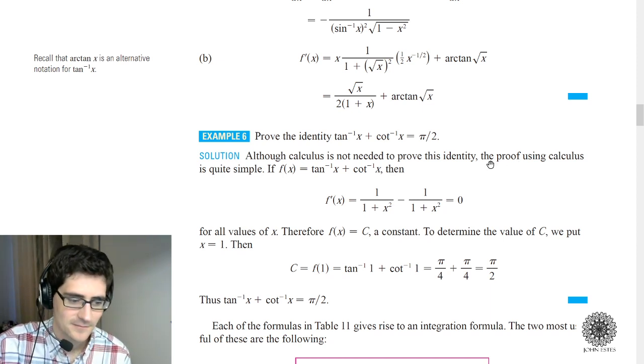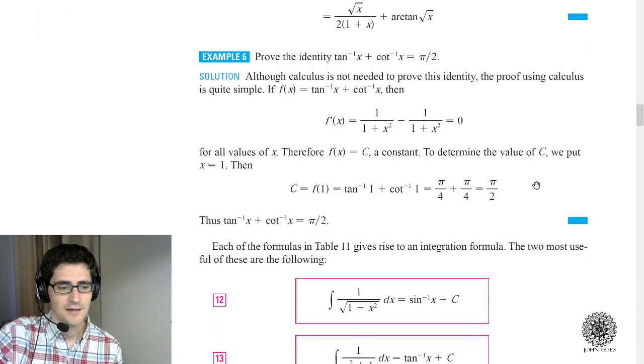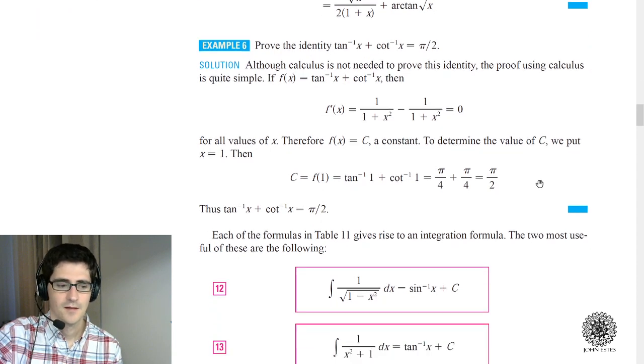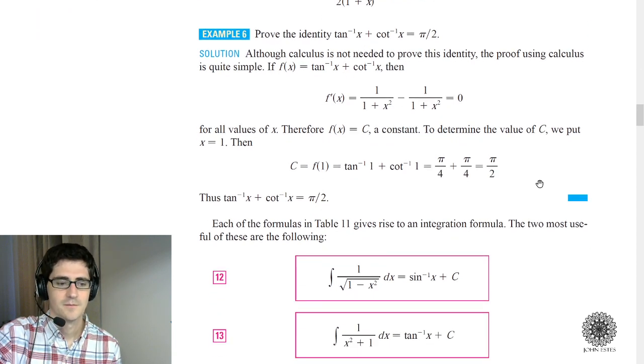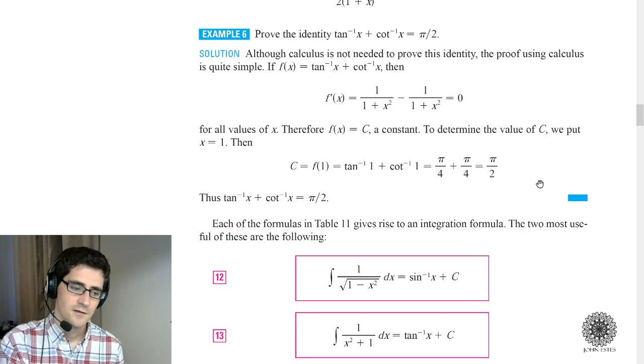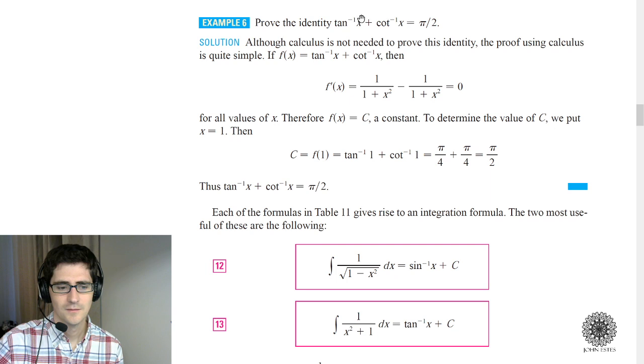Okay, let's go on then to example 6. And this is an interesting one because in a calculus class, we don't try to do a lot of proving. But here, did you know that tan inverse x plus cotangent inverse x always equals pi over 2? You may not have known that, okay?